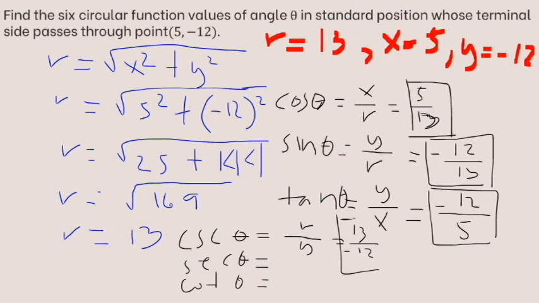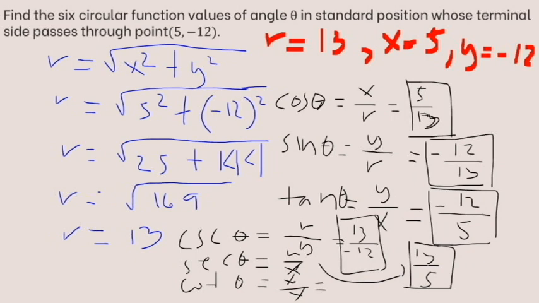So the final answer is negative 13 over 12. Next, for secant, it is r over x, so the value is 13 over 5. For cotangent, it is x over y, so it is 5 over negative 12. This is our final answer, negative 5 over 12.